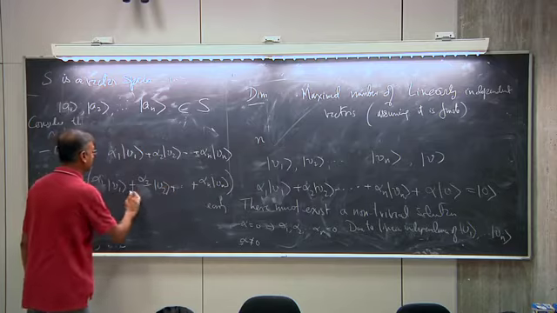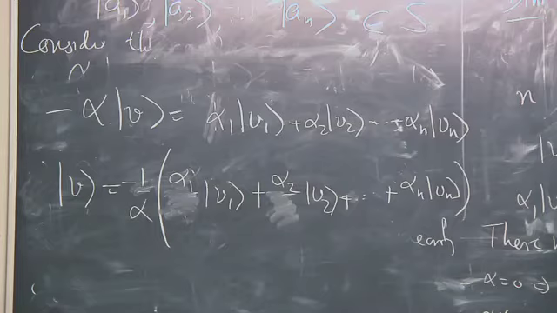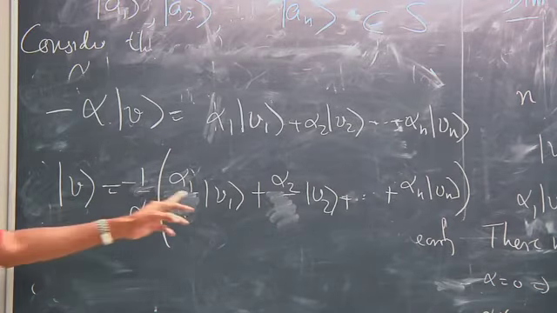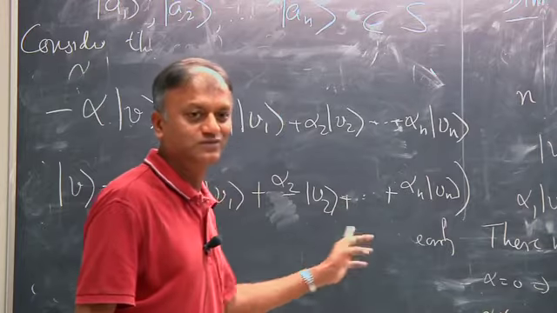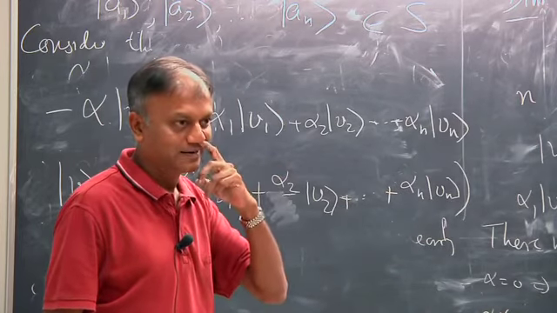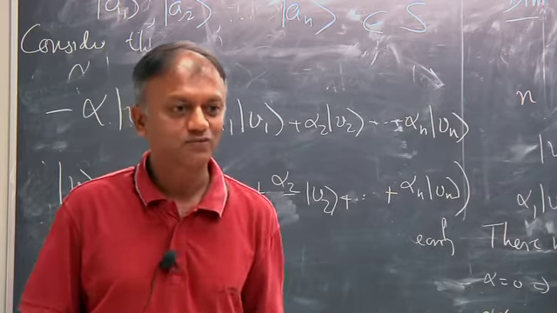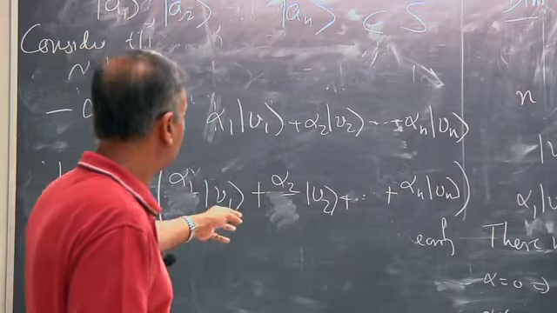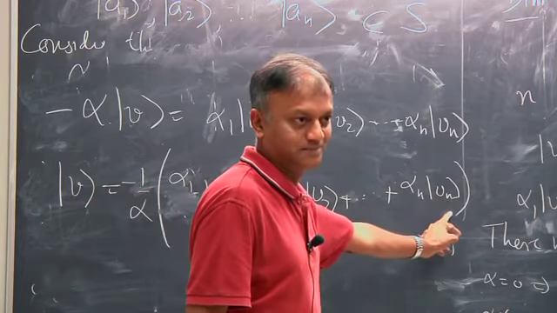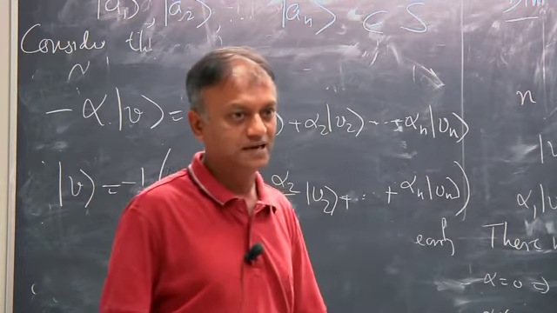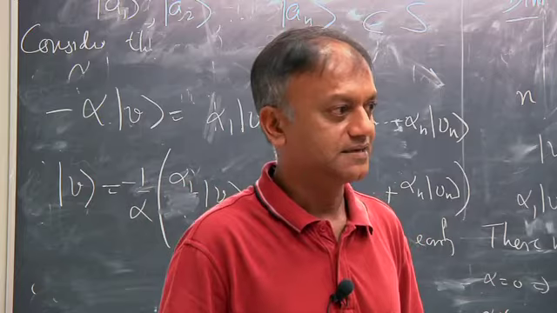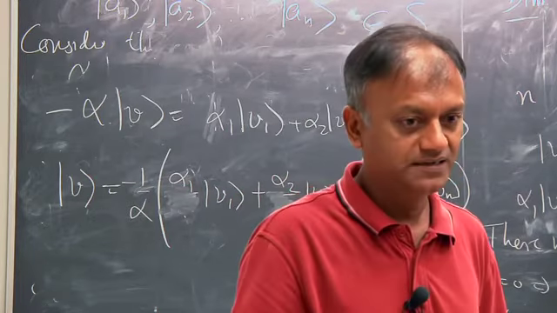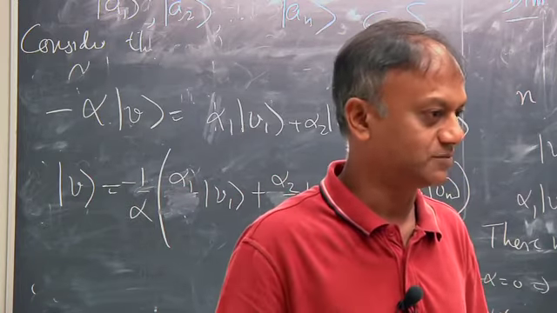Yeah? So you see that I have expressed v in terms of v1, v2, vn, a linear combination, right? You can think of these as basis vectors. Basis vectors are something such that any other vector can be expressed as a linear combination of basis vectors.